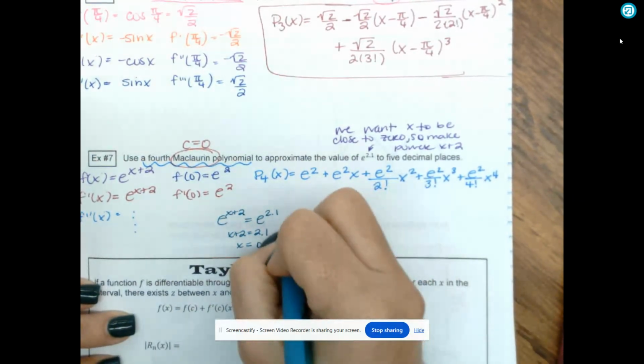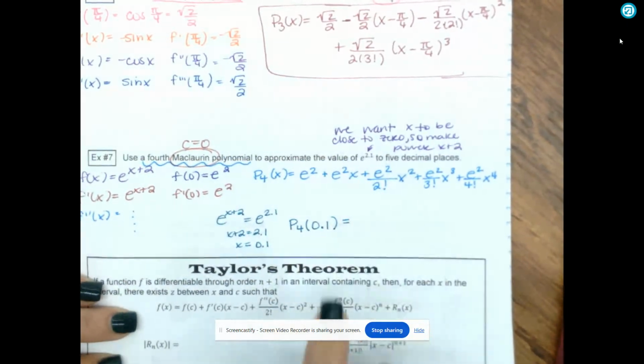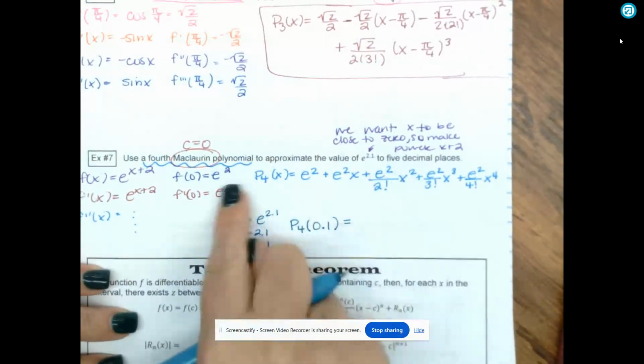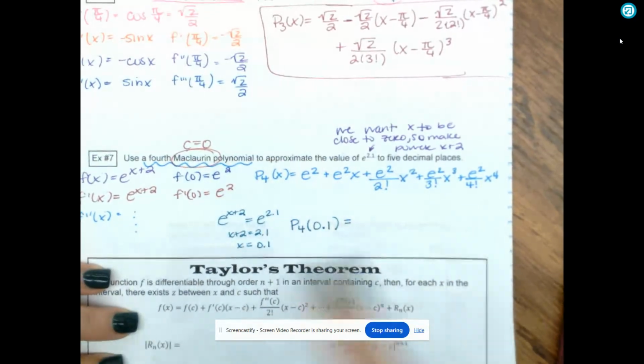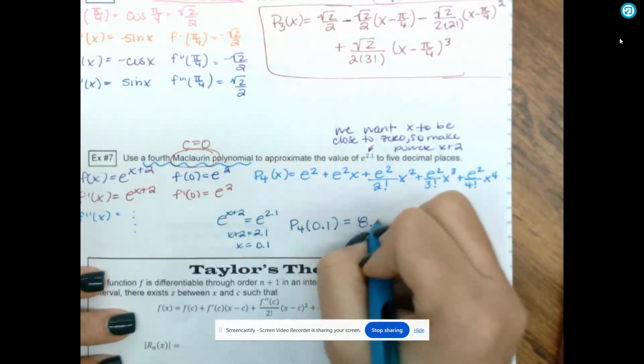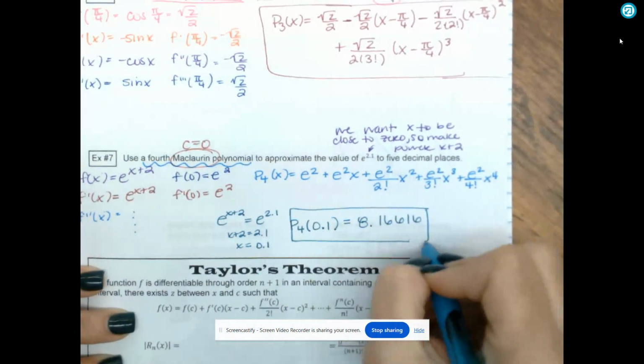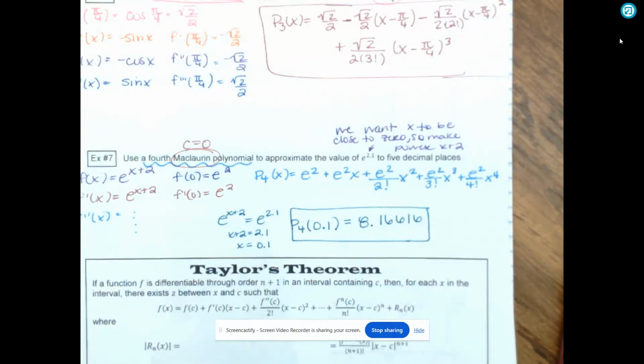So we're going to do p sub 4 of 0.1, and I will let y'all write all that in. I know you're probably not going to because I'm about to give you the answers, so I don't want to wait, okay? And you should end up getting 8.16616. Okay, double check that. You have time in class, so double check that. Make sure you get that answer whenever you type that in.